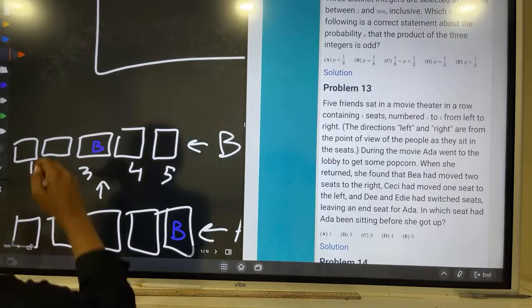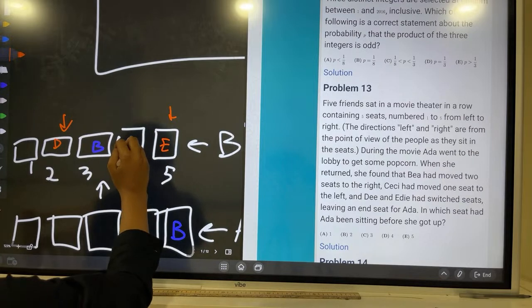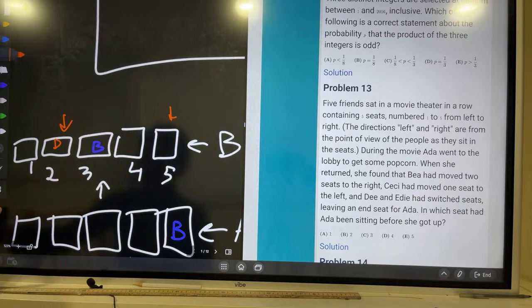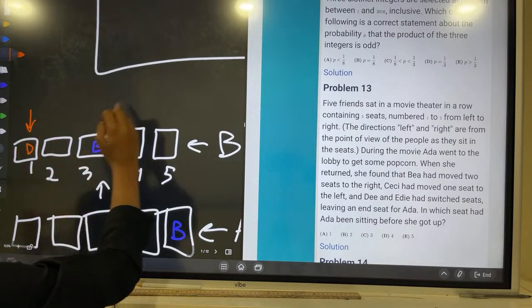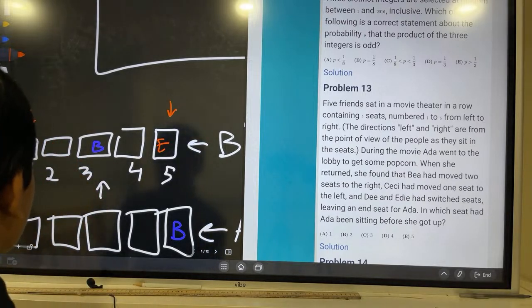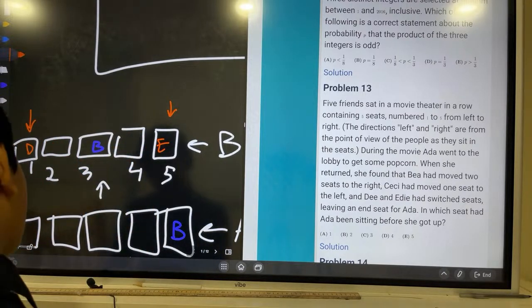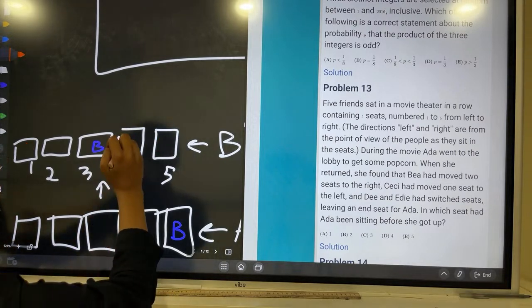So then, if they go here and here, D and Edie, and Ceci goes here, that's the only one that works. Because meanwhile, if they go here and here, D and Edie, Ceci can't go here because Edie's gonna be there. Oh, but Ceci could still be here. So no matter what, I think Ceci could be in seat 4.